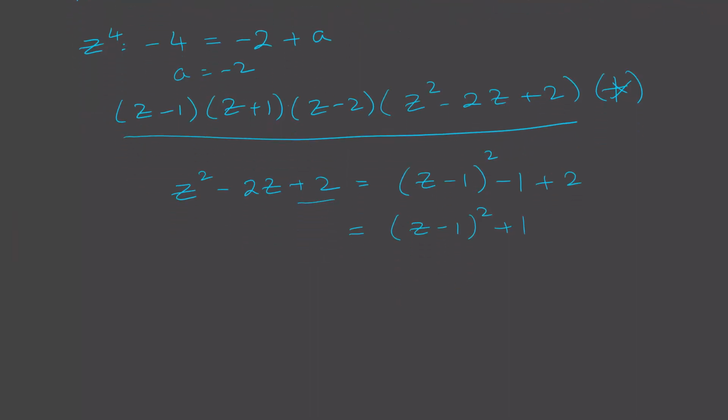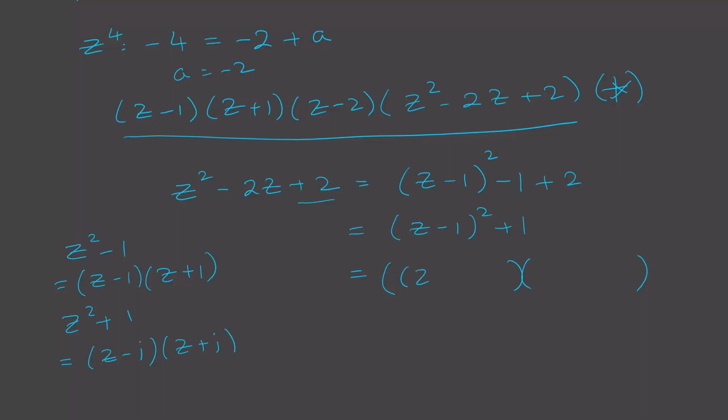Can we factorize that? Well, we can. What we could do, just think about this for a second. If we had something like z squared minus 1, we know that that's z minus 1, z plus 1, just a difference of squares. If we had z squared plus 1, now that we know about complex numbers, we can make that into z minus i and z plus i.